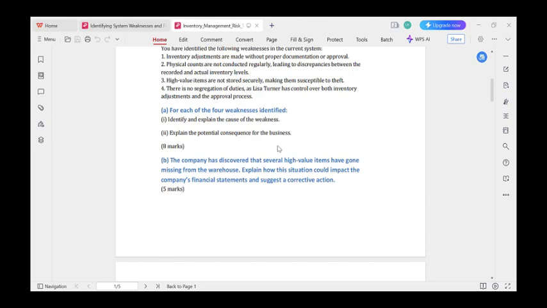Okay, and if that is not representing a true and fair view, the reader of the financial statements is misguided.